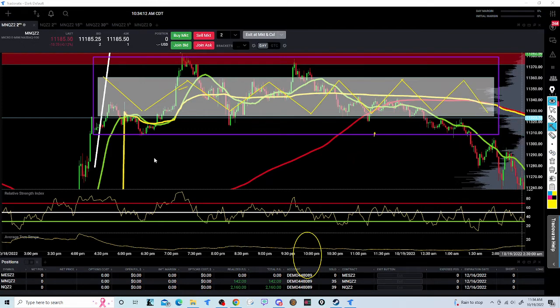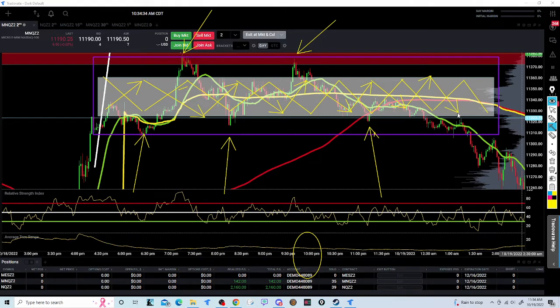What do we want to do in ranges? We want to sell the tops. We want to buy the bottoms, as long as we're outside of the no trade zone. Do not, I repeat, do not ever trade in the no trade zone.